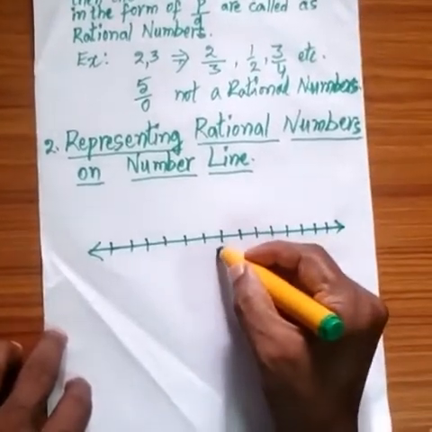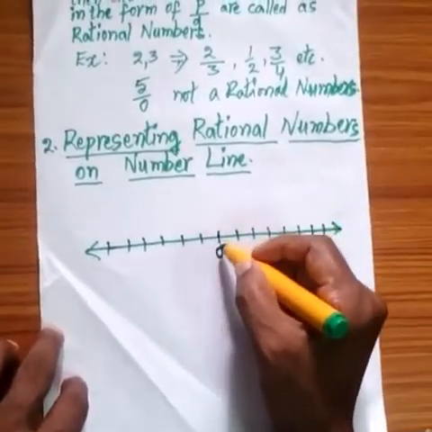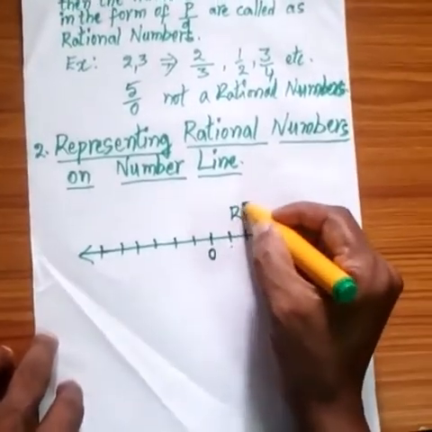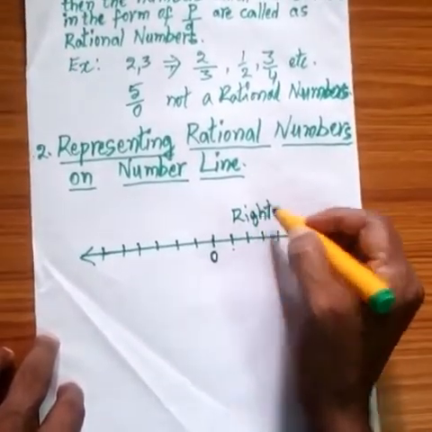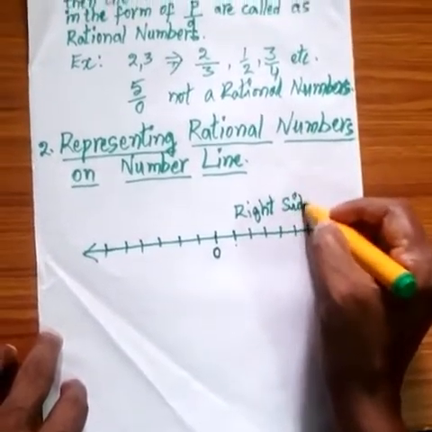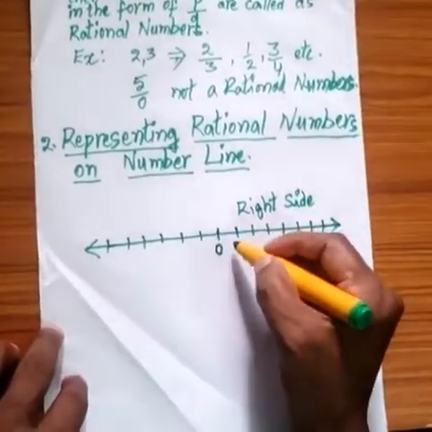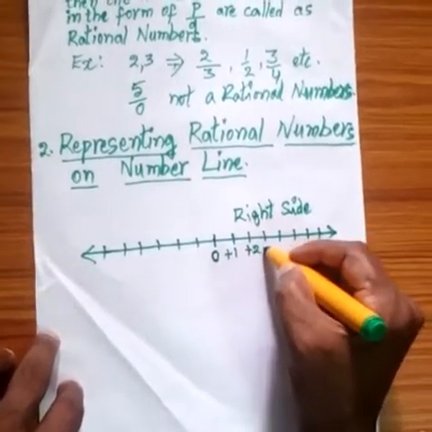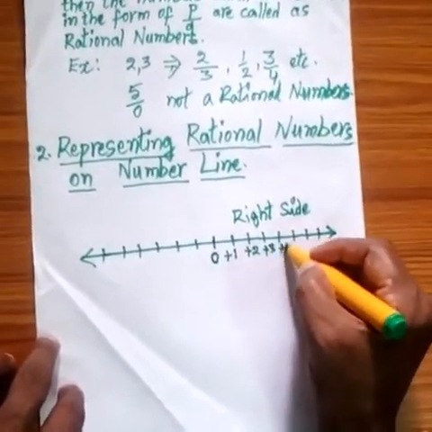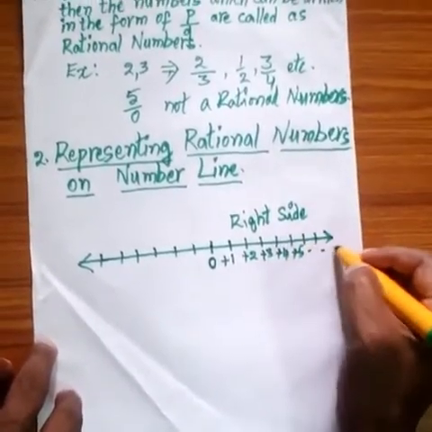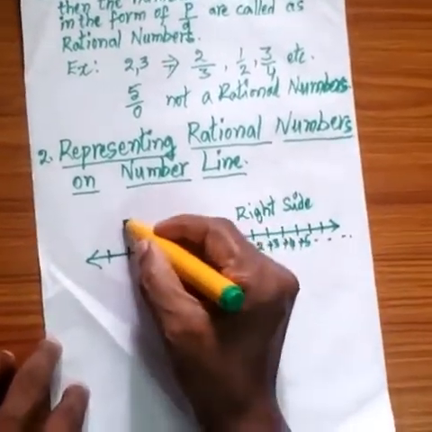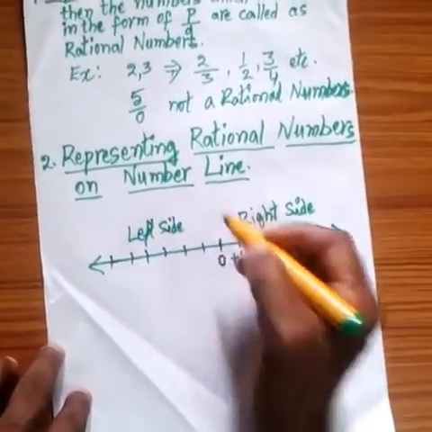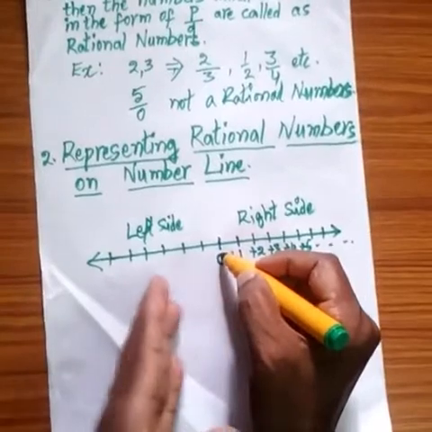Then the midpoint is represented as 0, and on the right side of the 0 only positive numbers must be represented. So this is +1, +2, +3, +4, +5, etc. On the left side of the number line, we have to write only negative numbers, to the left of the 0.